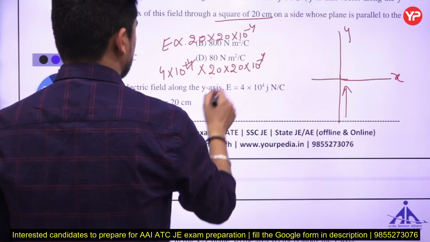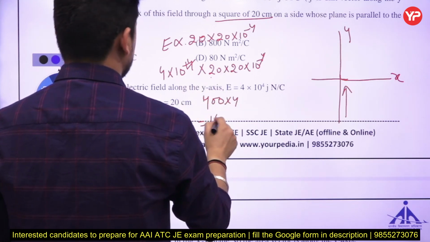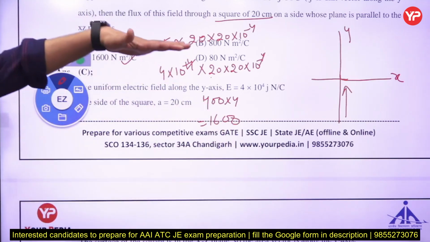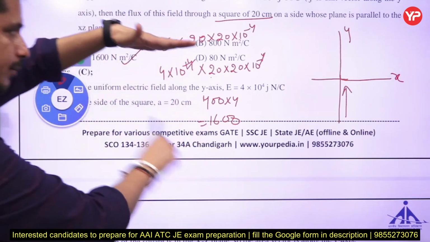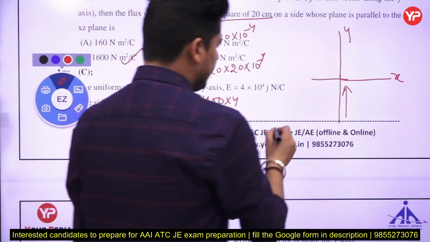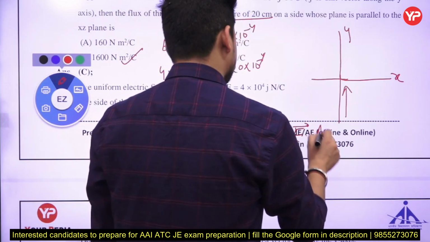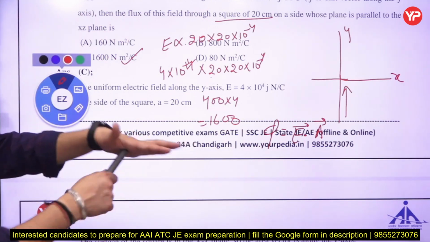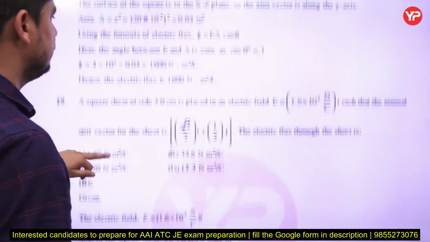So 20 into 20 is 400, into 4 that will be 1600. Basically the complete electric field passes through this. If you are calculating the flux, remember, it is E dot area. In the dot product, if they make an angle, then you have to take a cos theta there, and accordingly you can change your answer.